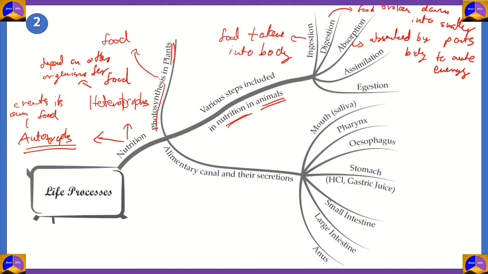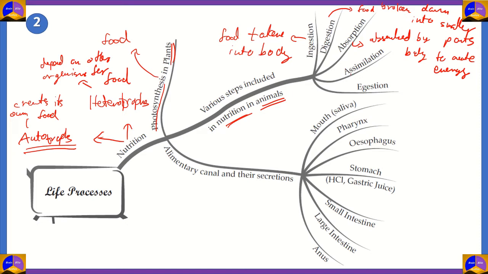We also need proteins and their constituents in order to create body parts, and we need fats for all weather conditions. So we need fats to protect us against the cold. So this is where absorption comes in. In the human body, we find the small intestine doing this particular process, and also the large intestine, which absorbs water.